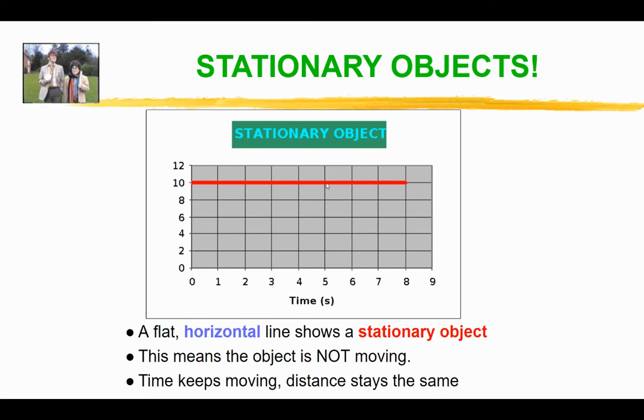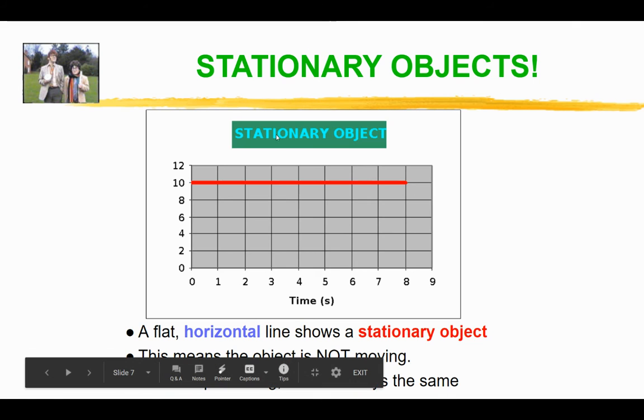He's just sitting there. Let's all be stationary for 8 seconds. Ready? Don't move. It's statue. 1, 1,000. 2, 1,000. Up to 8, 1,000. Okay, you can move. We just acted out this graph.